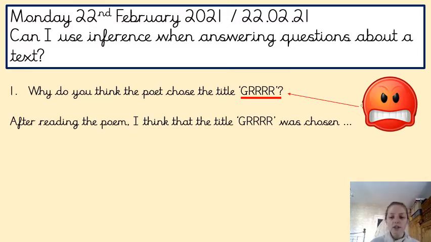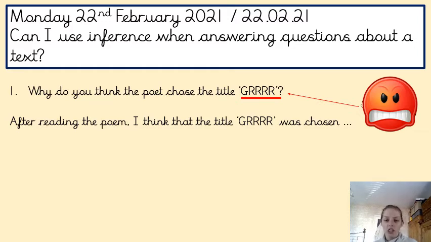Okay, so I've started us off just to get us warmed up because we have had a week off. After reading the poem, I think that the title Grrr was chosen, and then you need to put because. Why do we think it was chosen? What type of sound is Grrr? Is it a happy sound? Does it sound like somebody having a laugh? Does it sound like somebody is crying?